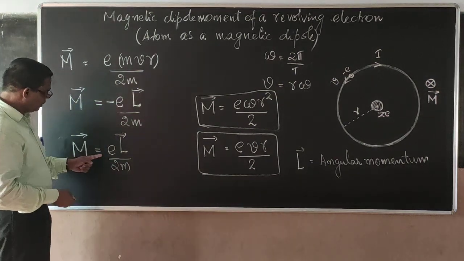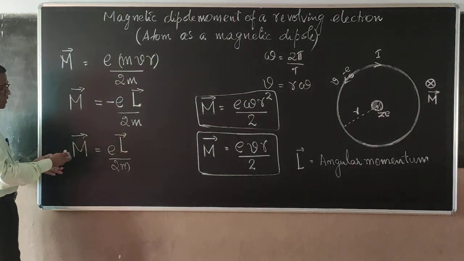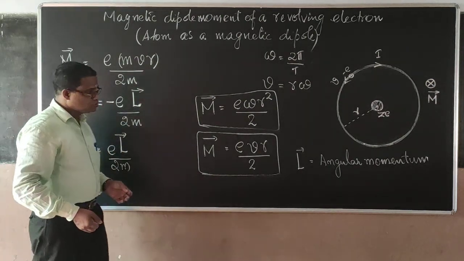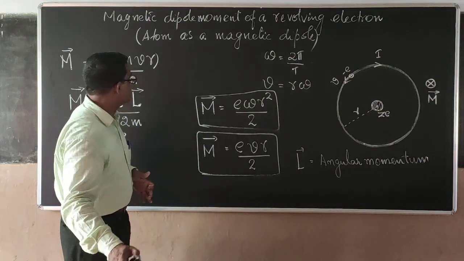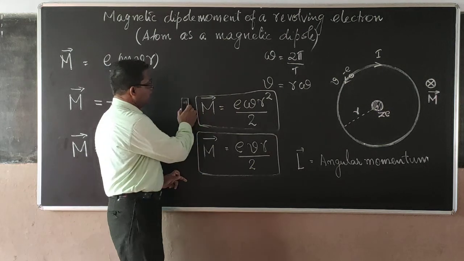Okay, now you have a formula introduced here, that angular momentum. This angular momentum we can treat to include the levels into the equation. Let us see how it is.